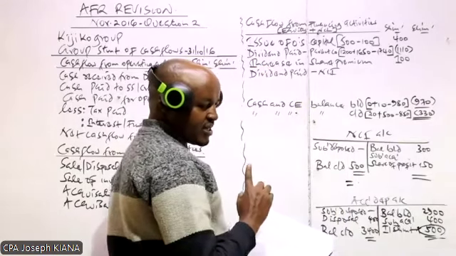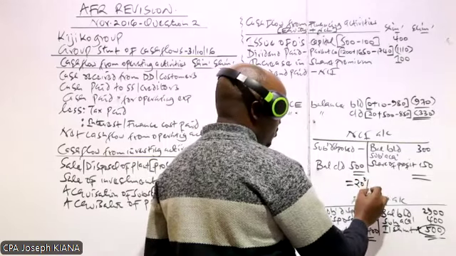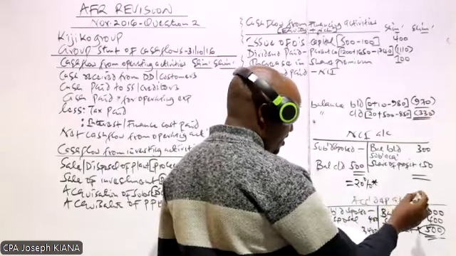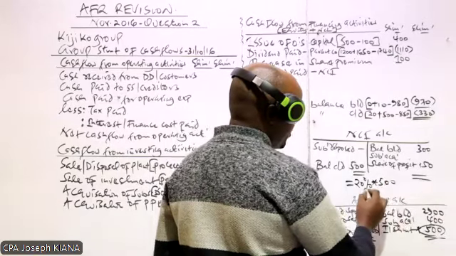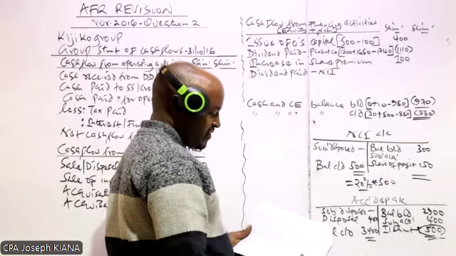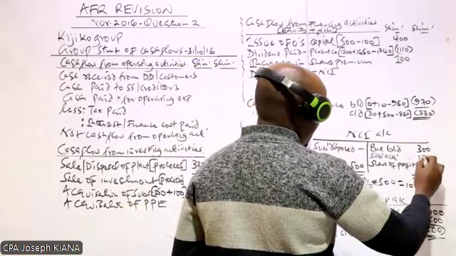So the minority shareholders have an interest of 20%. So what we need to do here is to compute the share of net assets in that subsidiary which was acquired, which will be 20% of the net assets of that subsidiary, which is 500. This will give us 100.